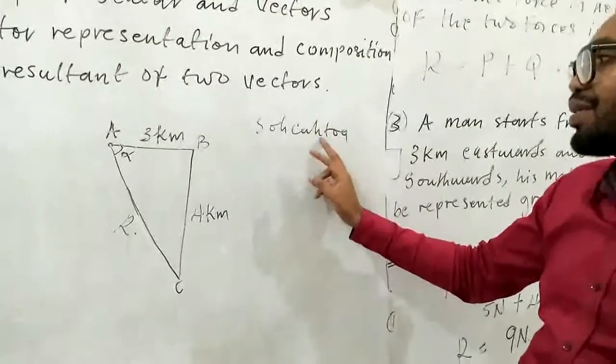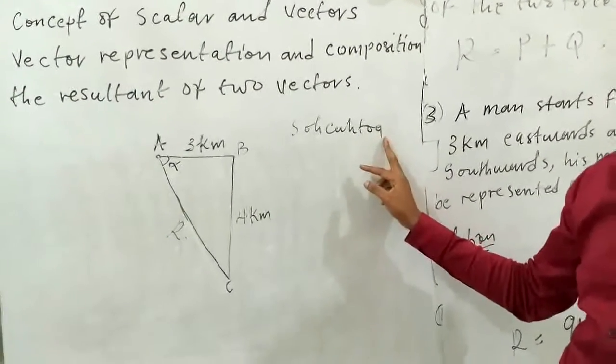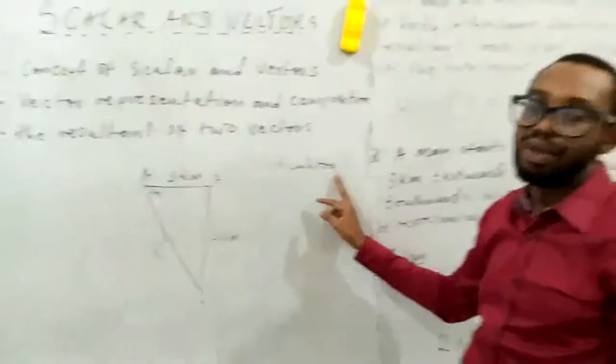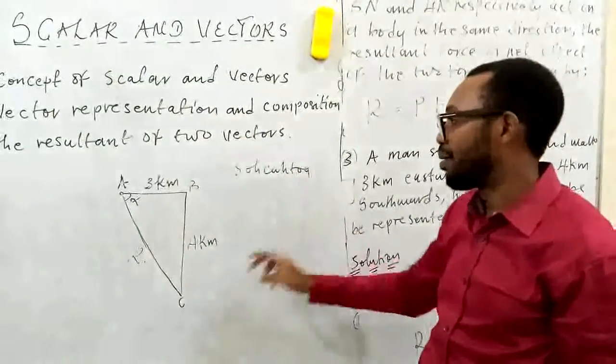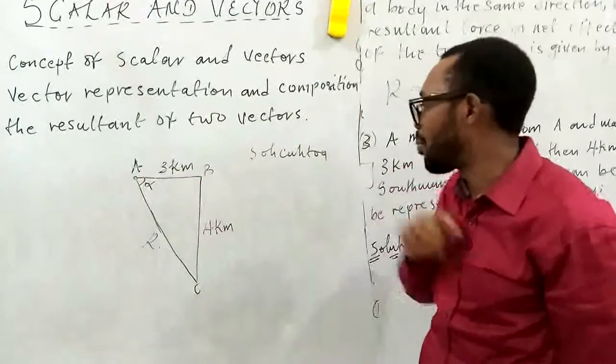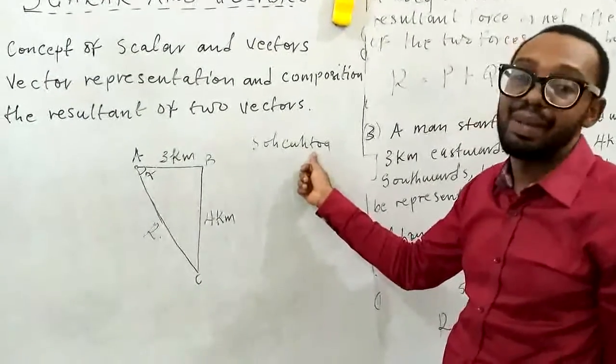Cosine is adjacent over hypotenuse. Tan is opposite over adjacent. So which one are we going to apply? Which one do we apply? We have adjacent, we have opposite. Right? In other words, it's going to be tan.